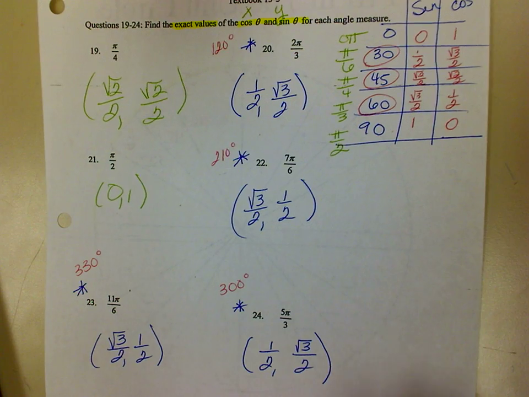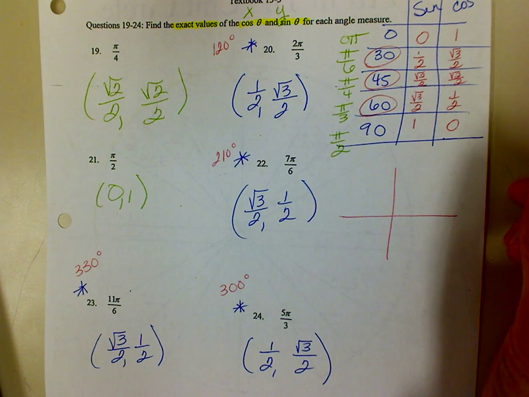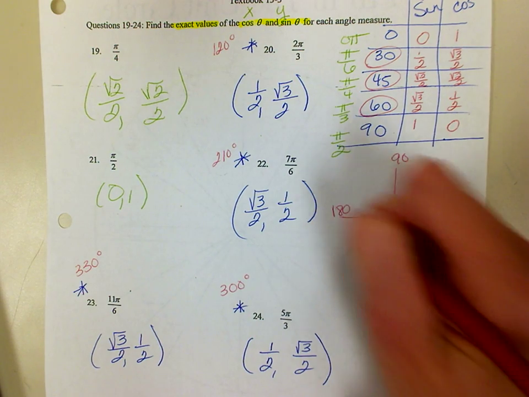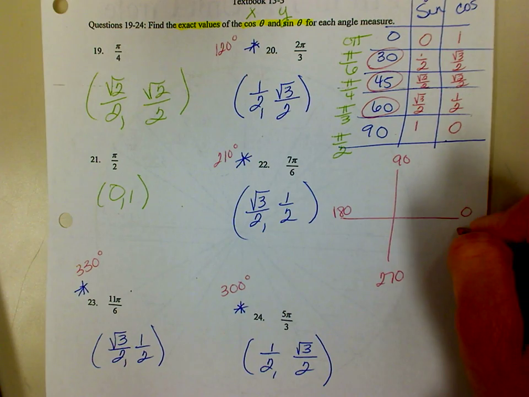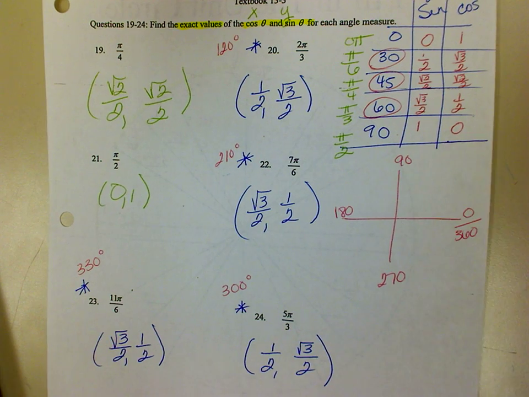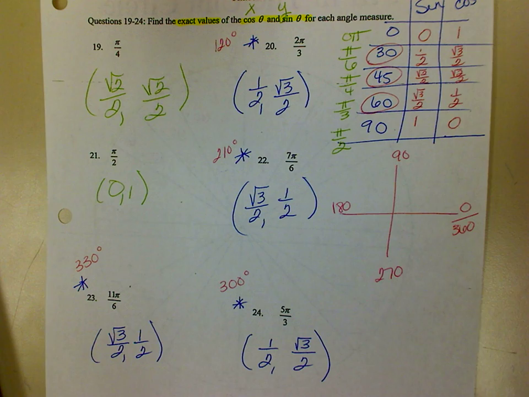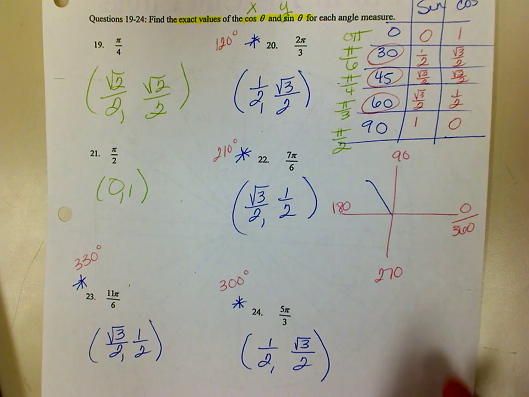Okay, so now if I go back and think about all these from 8-2, I can then figure out where these are going to fall. So 120 is going to be in the second quadrant.